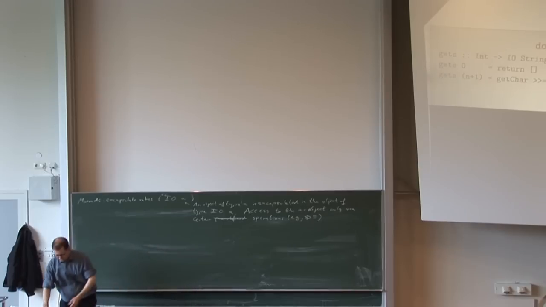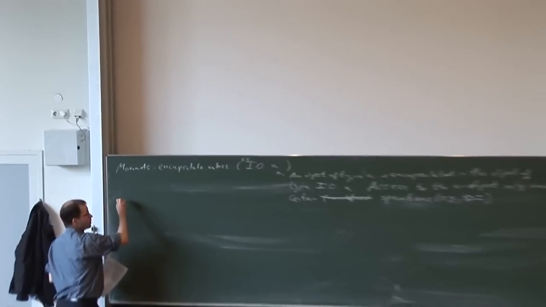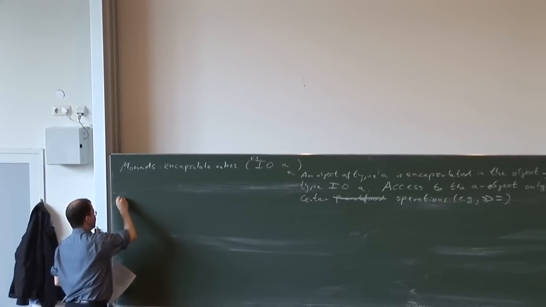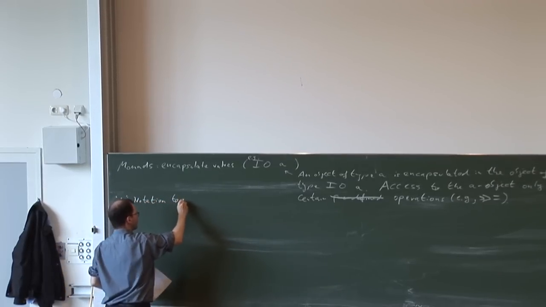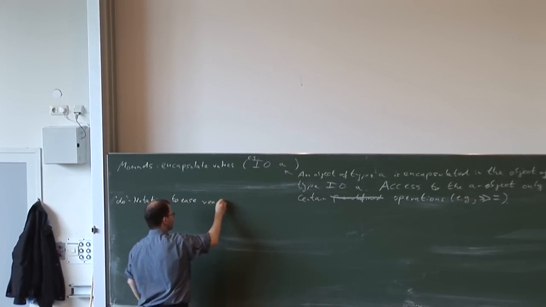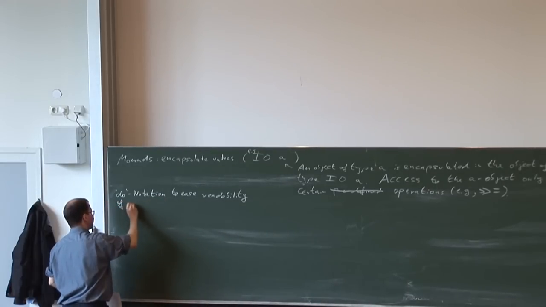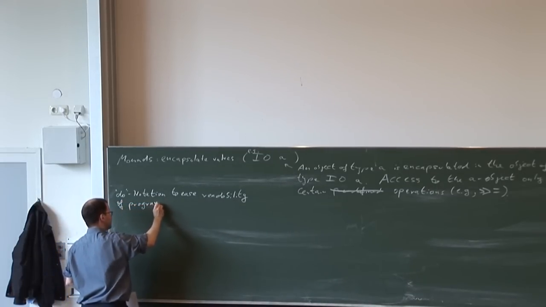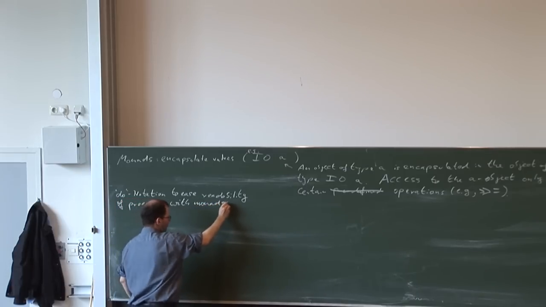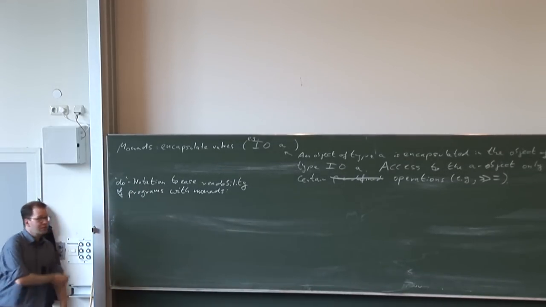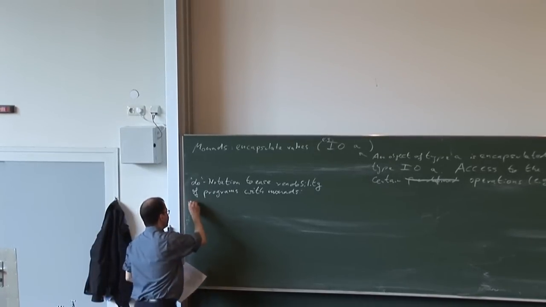And since this looks very ugly and hard to read, there's a special notation called do notation, to ease readability of programs that use monads. And this is just syntactic sugar. So this is just a different notation for the stuff you read over here.